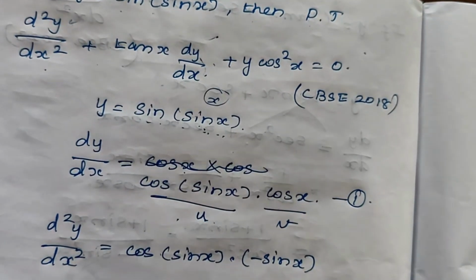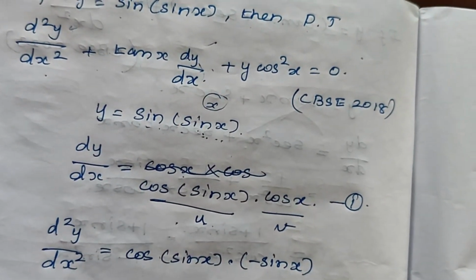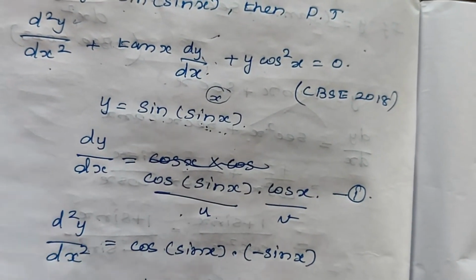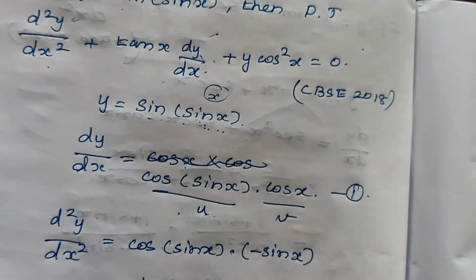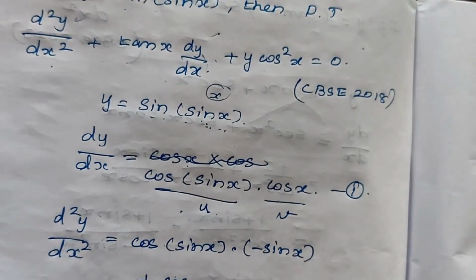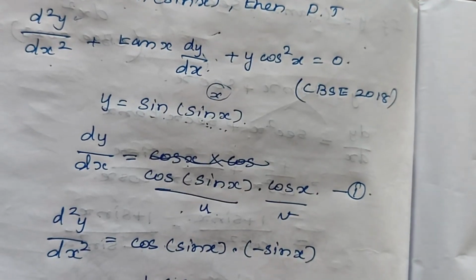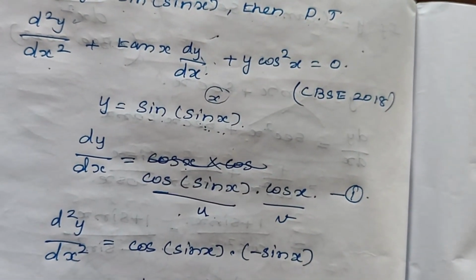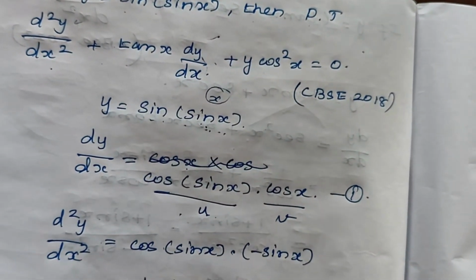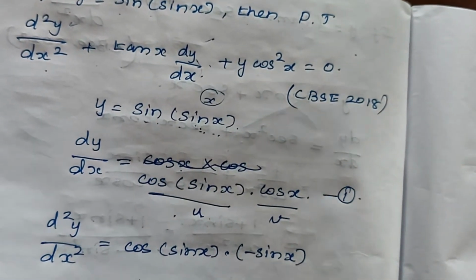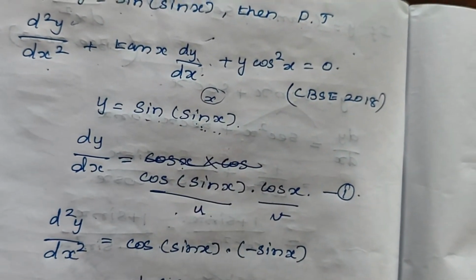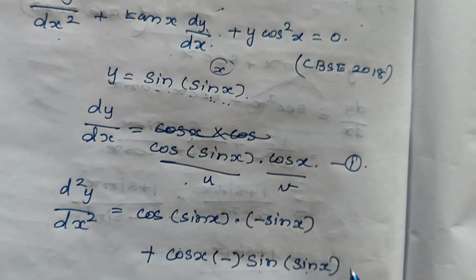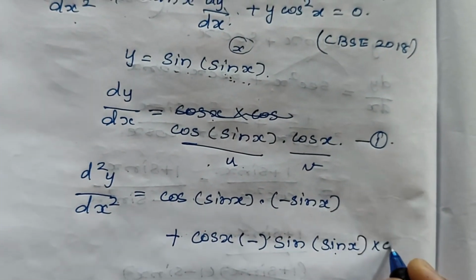Then next here it is plus. Then you have to keep cos x as like that. Then cos of sin x, differentiation of cos is minus sin, sin of sin x. Next sin x, differentiation of sin x is cos x.